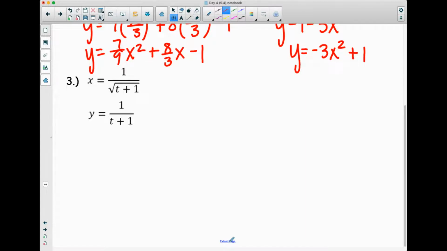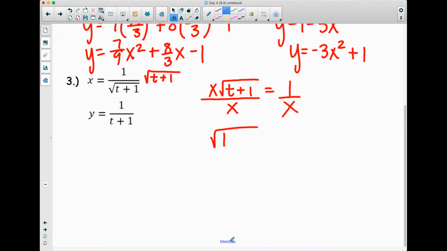So if we want to get the square root of t plus 1 out of the denominator, we can multiply that. And if we divide by x, to get rid of a square root, we can square.